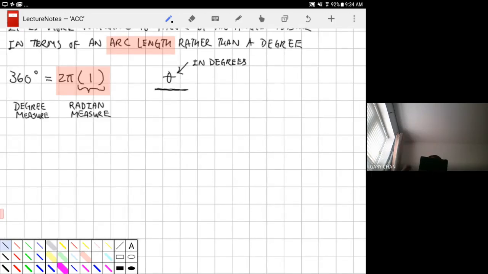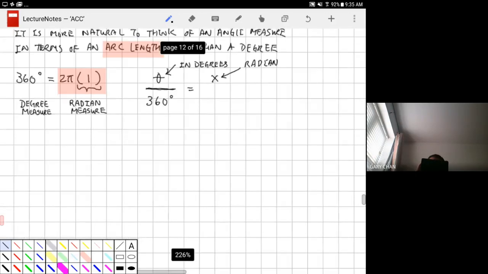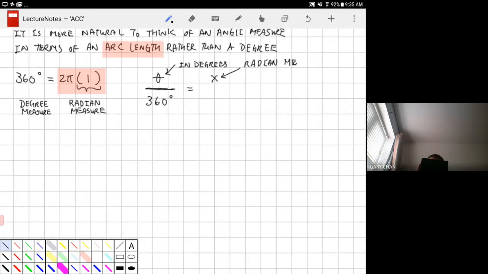I can say theta over 360 is to x, and I'm going to call this x the radian measure, otherwise known as the arc length of a unit circle.